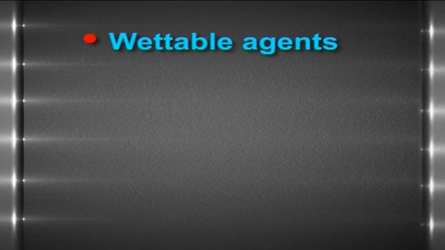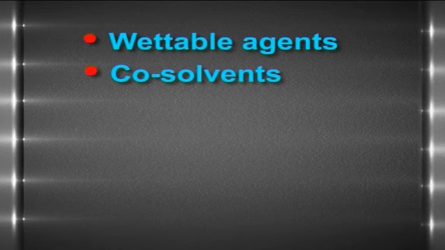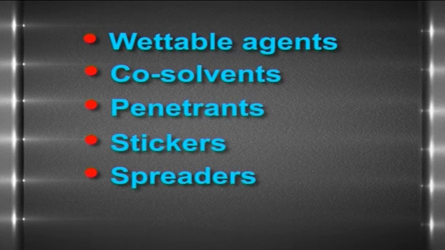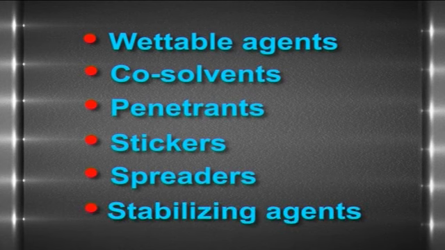Adjuvants are used in pesticide spray solutions as wetting agents, co-solvents, penetrants, stickers, spreaders and stabilizing agents. It is obvious that the term adjuvant encompasses a wider meaning than wetting agent or surfactant. There are many adjuvants that have little, if any, effect on pesticidal activity.